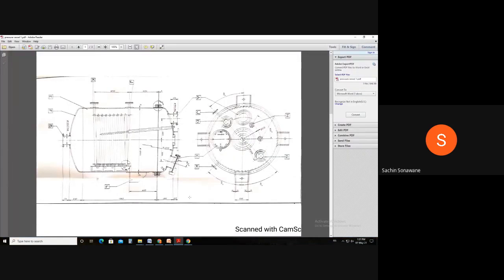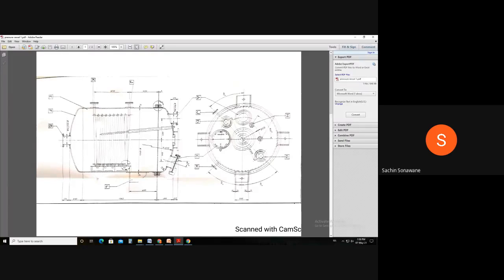Now see that this is the assembly of the pressure vessel. This part is known as shell of the pressure vessel. Towards left side and towards right side, this is known as flanged and shallow dished head. B part is known as nozzle.